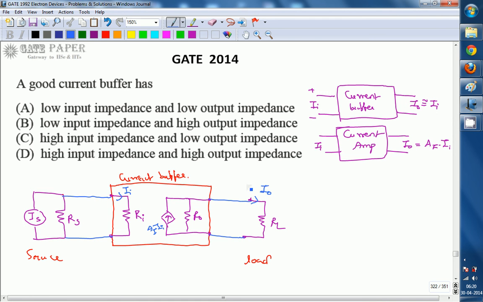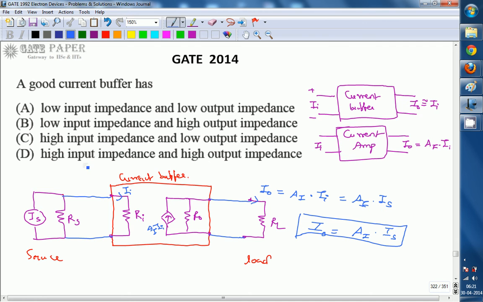Our aim is that I0 must be equal to AI times Ii, and Ii must be equal to Is, so that we get the final answer I0 equal to AI times Is. That is, the source signal is provided with the maximum desired current amplification defined by the current buffer or current amplifier, so that I0 equals AI times Is.